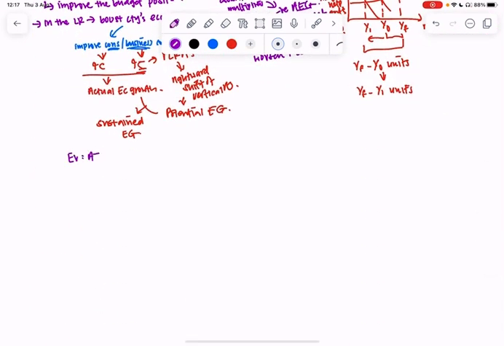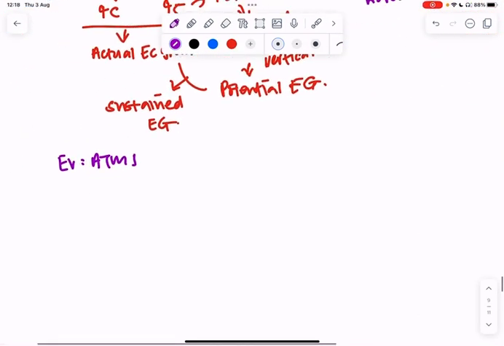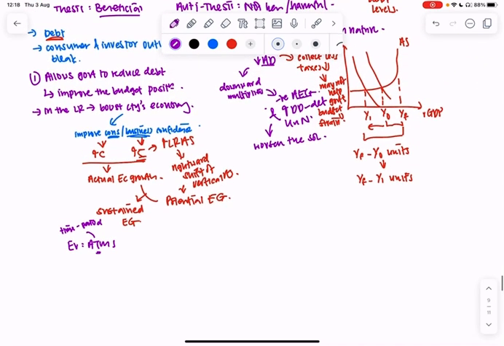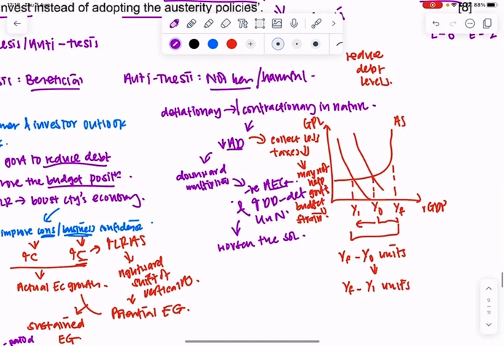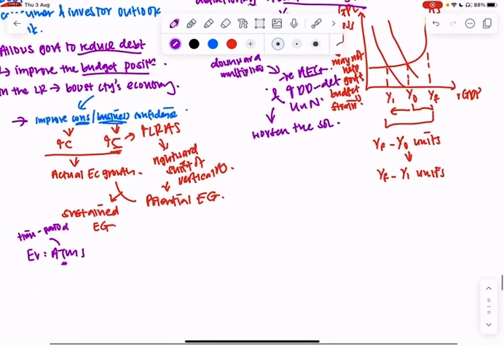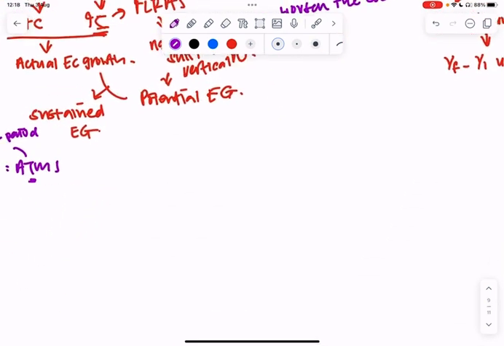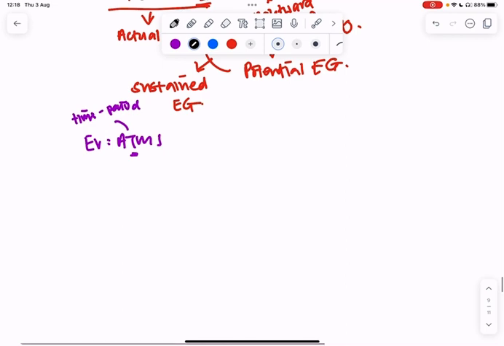When we use our ATMS angle, we would likely look at the T portion, time period, because we discussed that in the long run, this would help to reduce debt, improve budget position, which would bolster consumer and business confidence. But then in the short run, it will lead to contractionary impacts in the economy. So we would definitely discuss this in terms of long run versus short run.